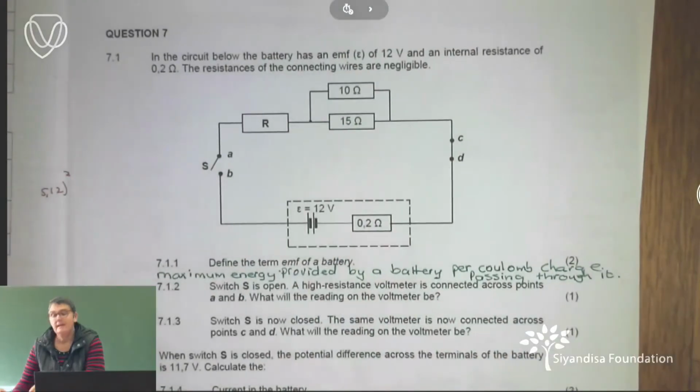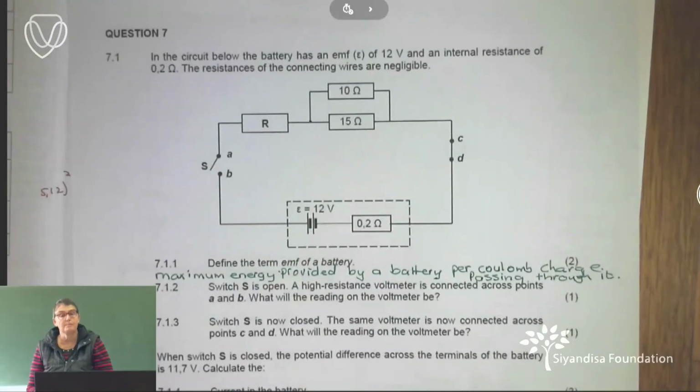Okay, right. It is the maximum, and please remember the word maximum, energy provided by a battery per coulomb or unit charge passing through it.